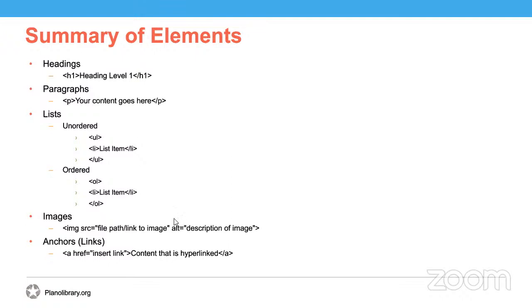The last element we looked at is the anchor element. This element lets you embed links into your web page. It too is a self-contained element, which means that you only need one tag. You need to include an href, hypertext reference, attribute, which points to the link you want to use. The anchor element has an opening and closing tag.